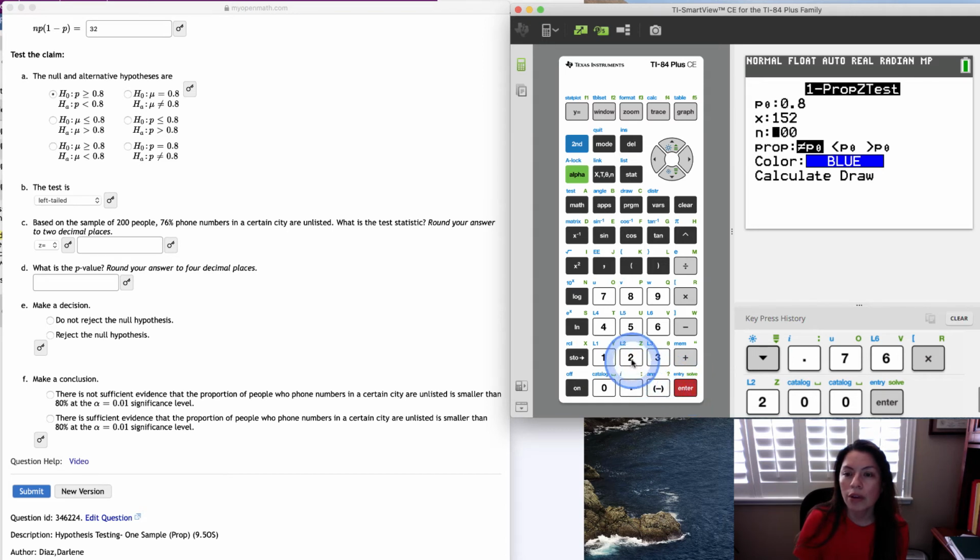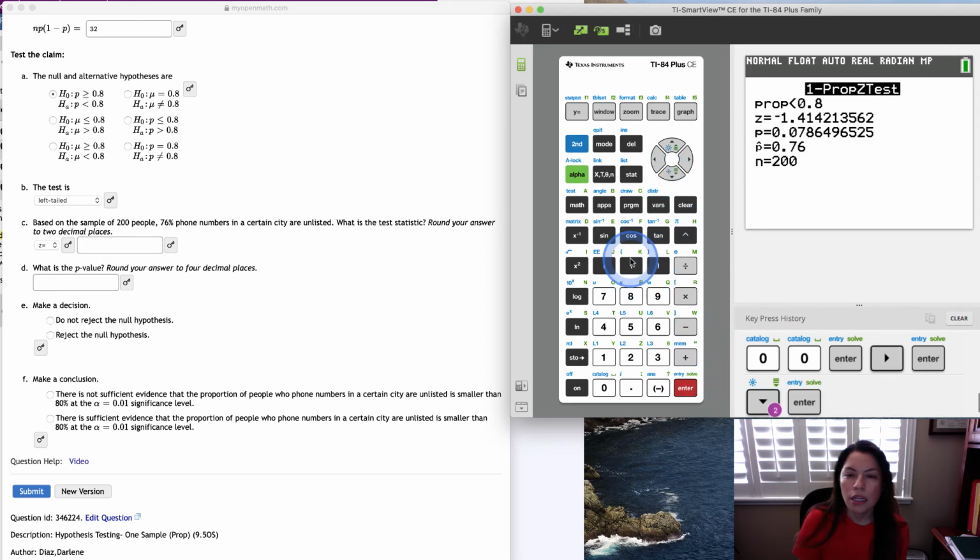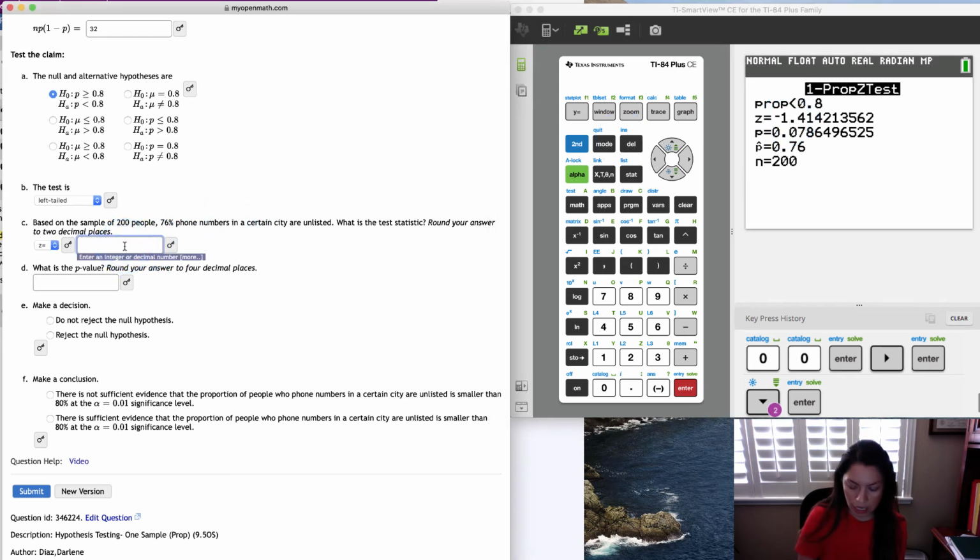Enter. And it calculates it for you, which is really nice. The number in the sample is 200, and I'm looking at a left tail test. So let me move the cursor over, enter, and then hit calculate. So my z-score here, if I round to 2 decimal places, is negative 1.41, and the p-value, which is rounded to 4 decimal places, is 0.0786.